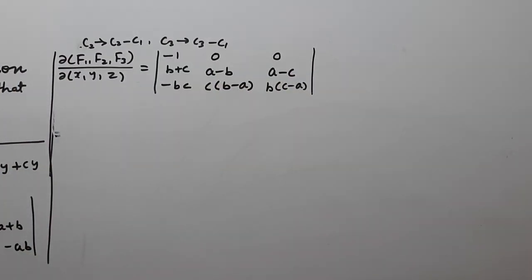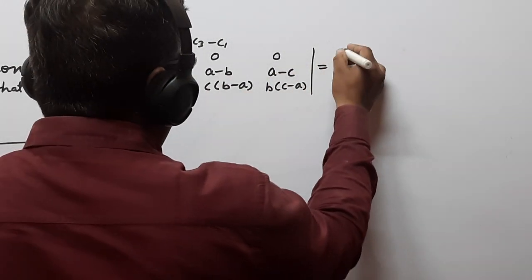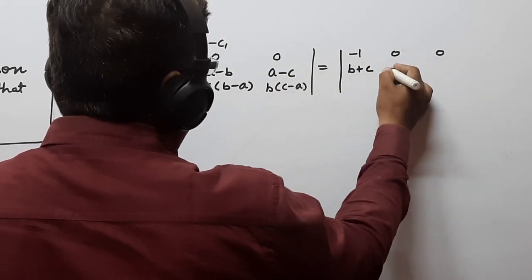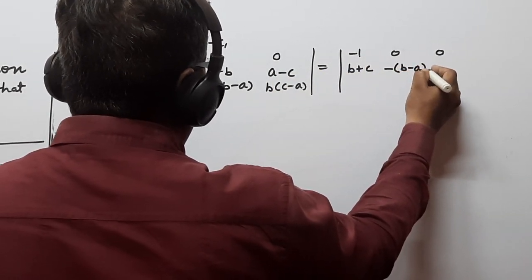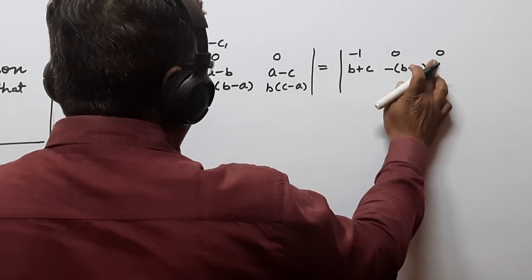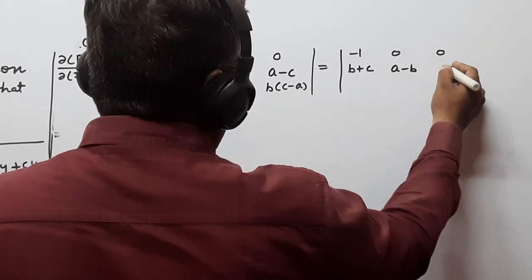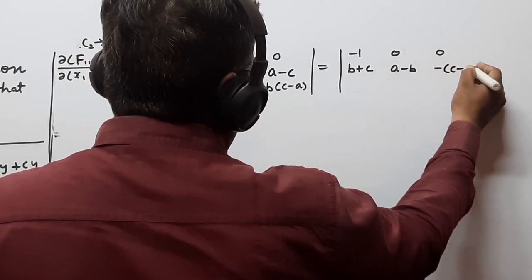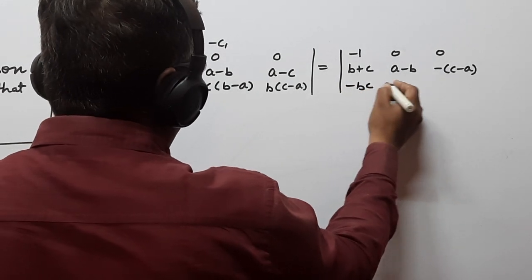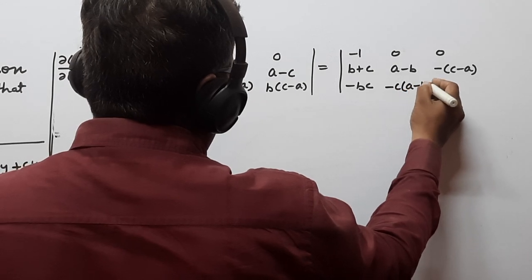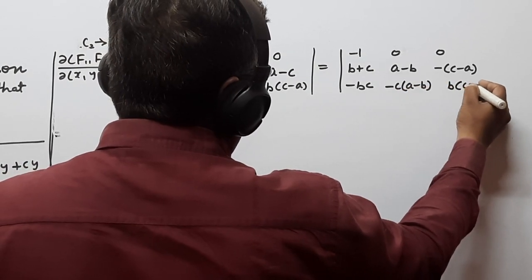Now you can see here we take minus common from the second row, so this becomes minus 1, 0, 0, b plus c, and taking minus 1 common, this is b minus a, and here a minus b, taking minus common here this is c minus a, here minus bc, and here a minus b, c minus a.